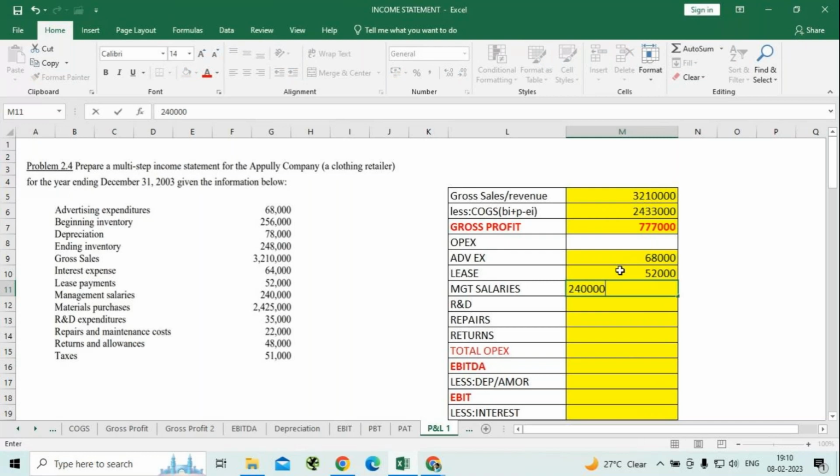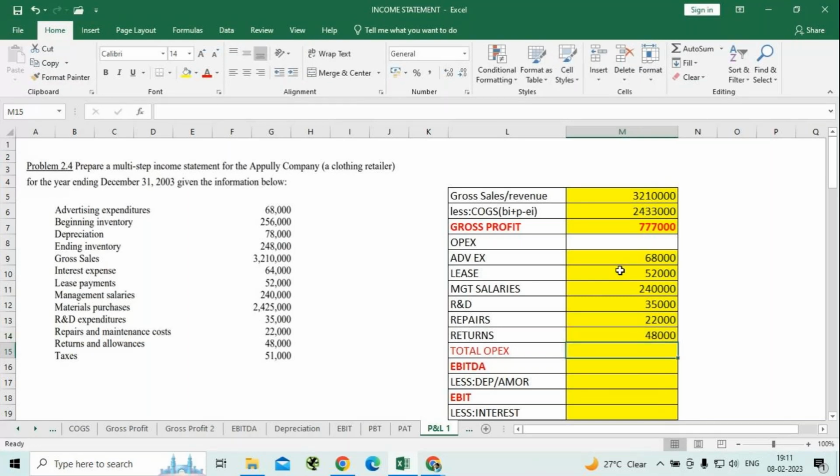Repairs is 35,000. R&D expenses is 22,000. And returns and allowances is 48,000.